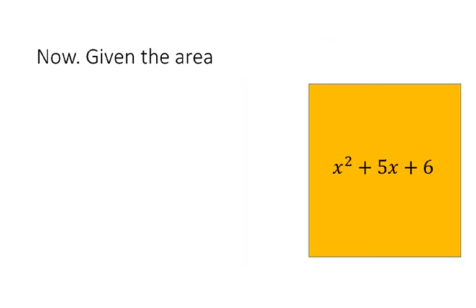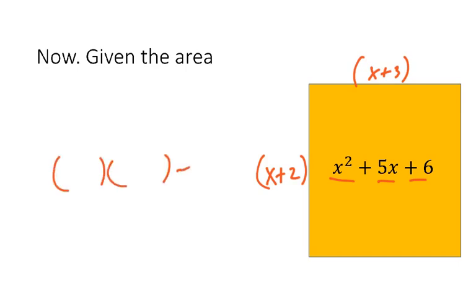This one, you look in each term, each term has an x, so we can't mess with that. There's no numbers that are common there. So we need something else. And so when you play around with this, you end up getting like x plus 3 and x plus 2 as these side lengths. So we had two things that multiplied together to get this.